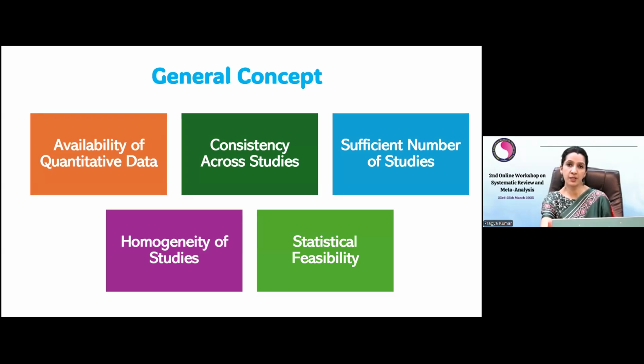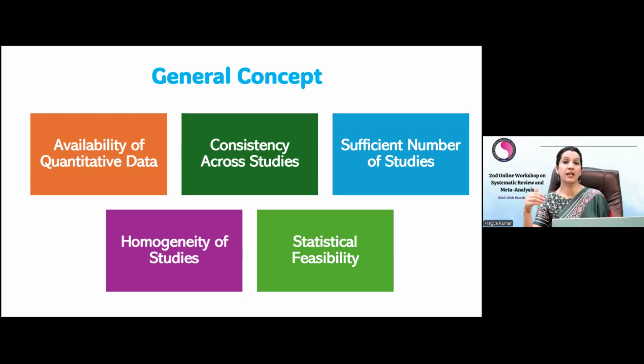And in some studies, it is the mean and standard deviation. So what you do is pool the results of the similar outcome. Means if there are mean and standard deviation in those many studies, you will pool only those studies, the result of meta-analysis where this outcome variable is there.